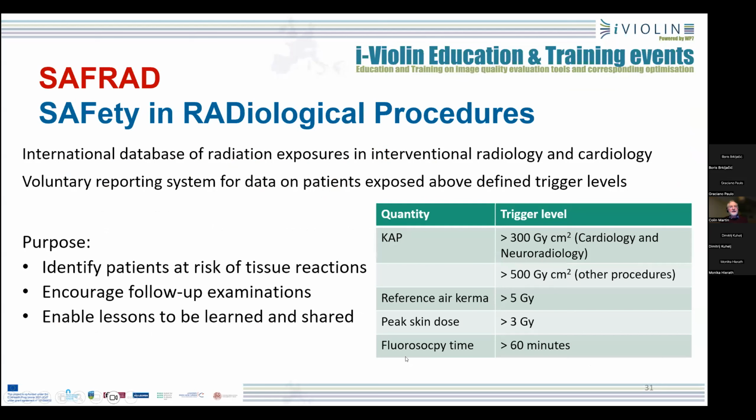And the IAEA have a system where events of this type above these sort of trigger levels can also be fed into a worldwide system, so that people can build up information on the type of incidents that do occur.